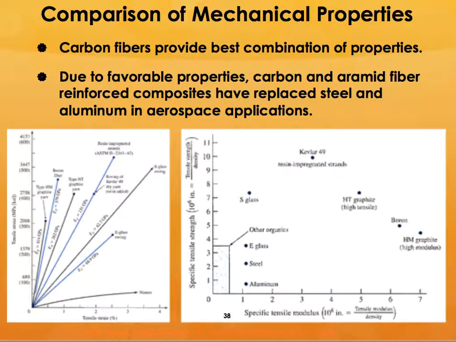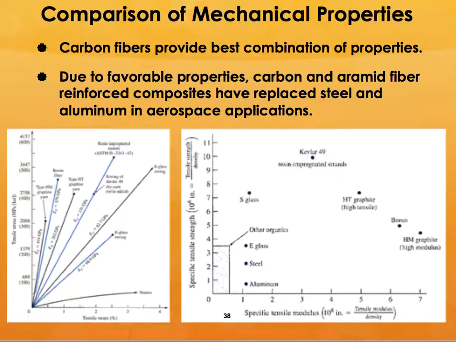So how do the mechanical properties compare? You can see that carbon fibers provide the best combination of modulus and density and strength. So carbon fiber reinforced composites are replacing steel and aluminum in aerospace applications.